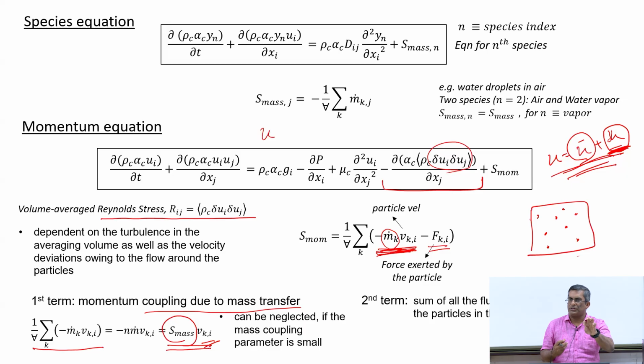But according to Newton's third law, the particle must exert equal and opposite force on the fluid, and that is what we have to account for, and that is what is done here. So here we are adding up the force due to individual particles, and it is normalized with the volume. So this is how the source term due to momentum transfer is accounted in case of particle laden flows.